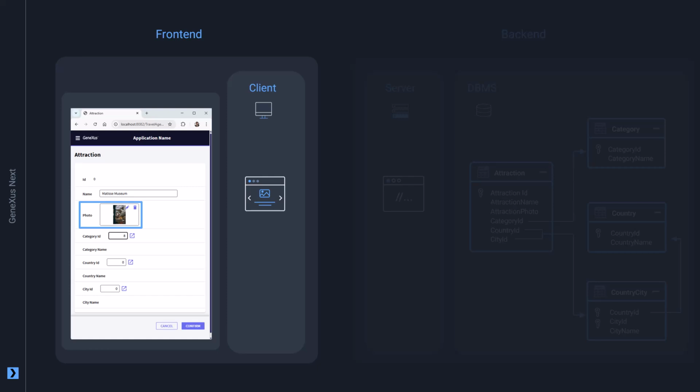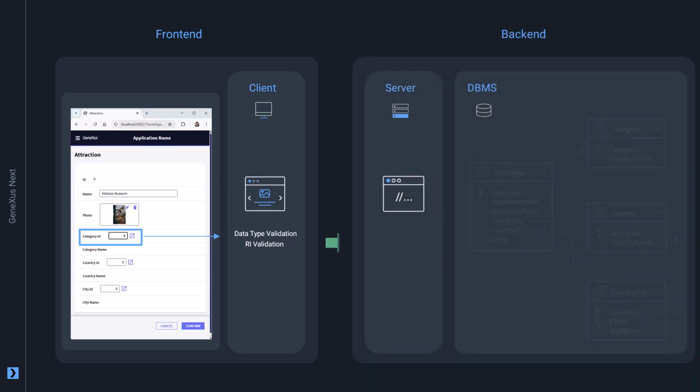On the other hand, when the field is a reference to another table, as in the case of category id, in addition to only allowing a numeric value to be entered, referential integrity checks will be triggered from the client, for which it will be necessary to run code on the server.